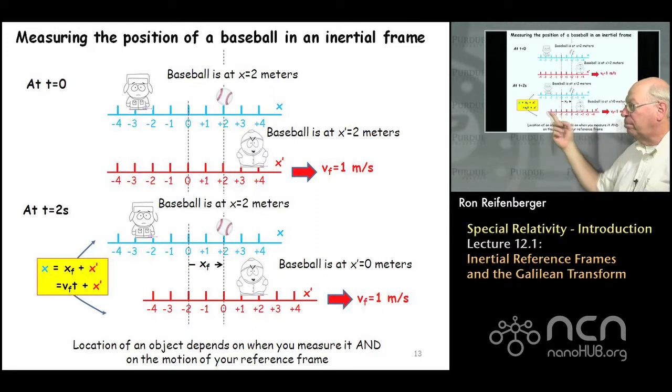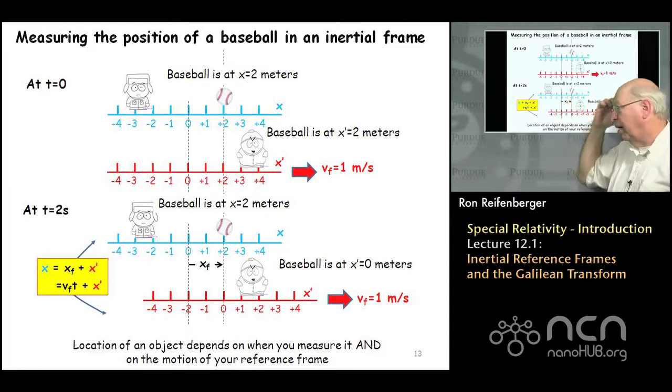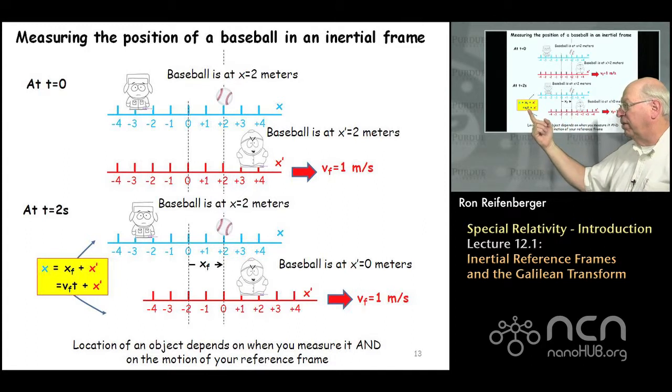And so with this simple formula, you can always translate the measurement that the guy in the red frame makes to the measurement that the guy in the blue frame makes. And you can put in x prime equals 0, right? Which is what he measures. You can evaluate v sub f times t, where t is 2 seconds.